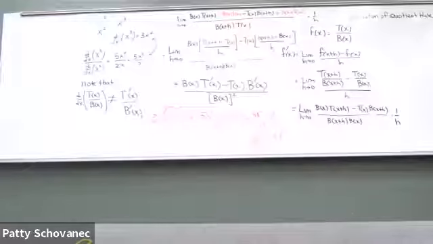The quotient rule says you take the bottom times the derivative of the top, minus the top times the derivative of the bottom, divided by the bottom squared.